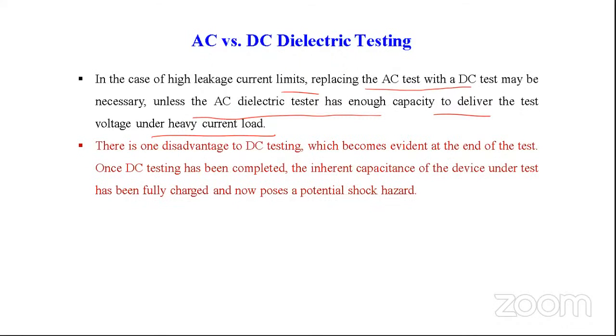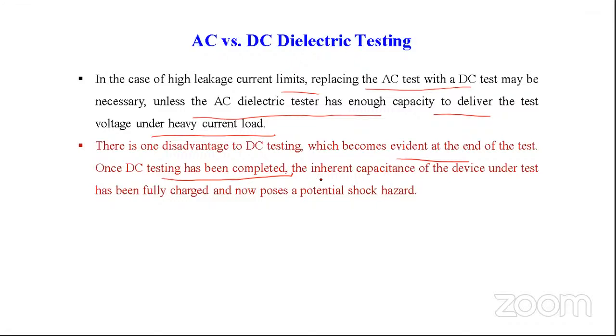But there is one disadvantage of DC testing, which becomes evident at the end of the test. If I use an AC supply, there is continuous charging and discharging of the capacitance. But in case of a DC circuit, once the capacitance is charged, it retains its charge.